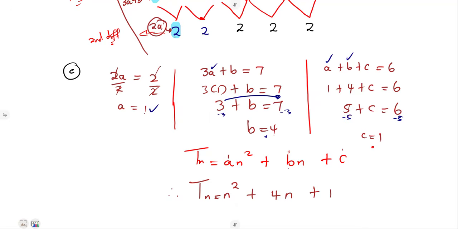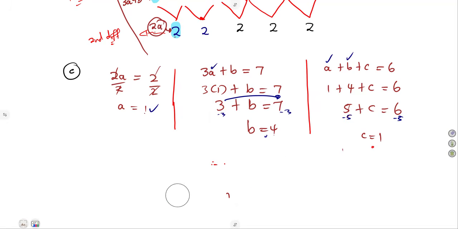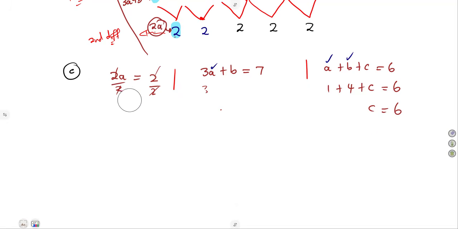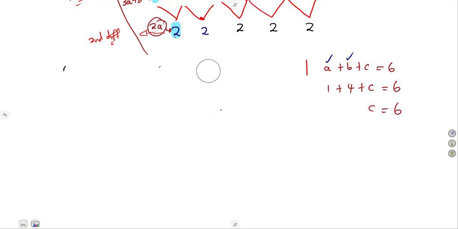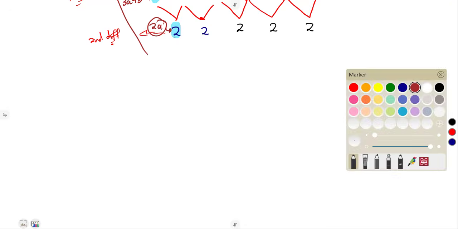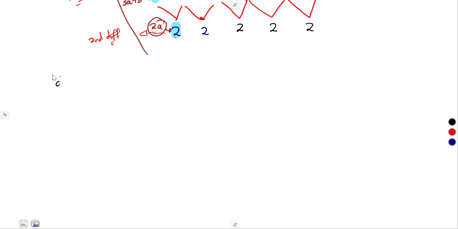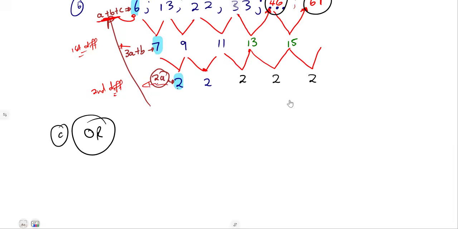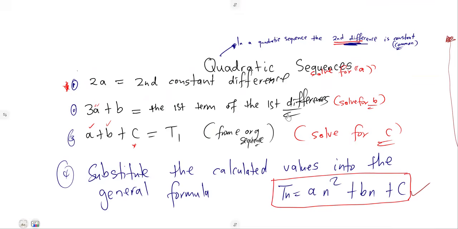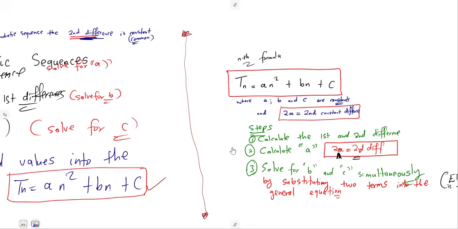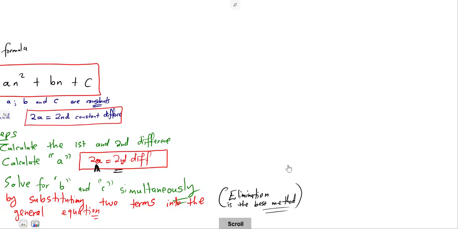Not to say the other method is bad, no, it is still one and the same. Guys, it's mathematics, it's how you understand it. So let us also have another way for the sake of others who are using this way of working out simultaneous equations.